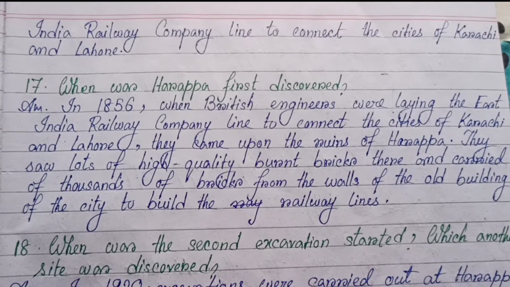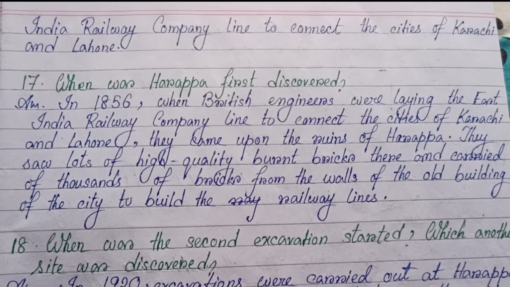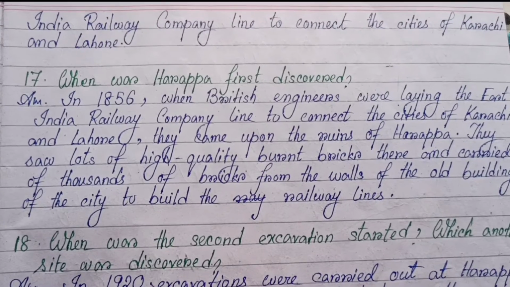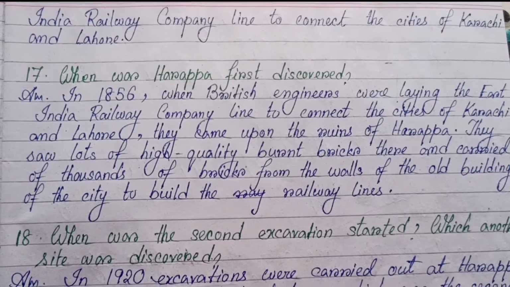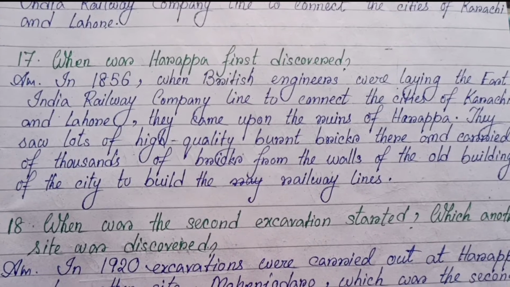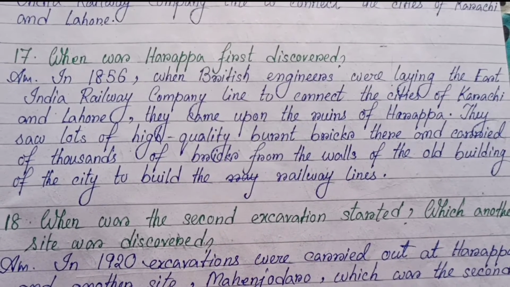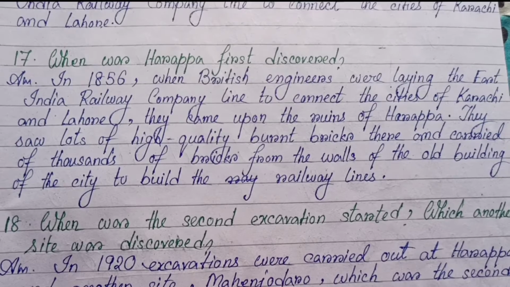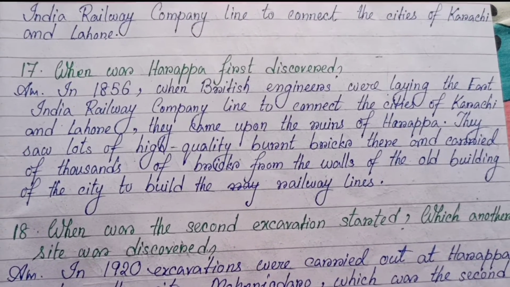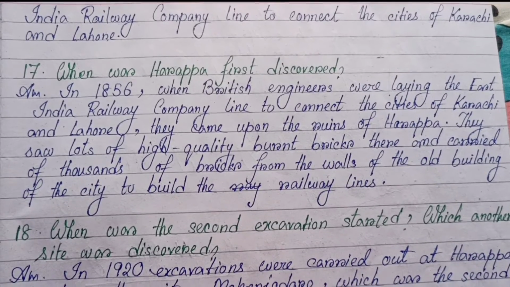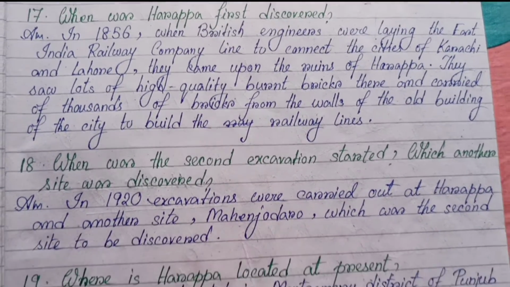In 1856, when British engineers were laying the East India Railway Company line to connect the cities of Karachi and Lahore, they came upon the ruins of Harappa. They saw lots of high quality burnt bricks there and carried off thousands of bricks from the walls of the old buildings of the city to build the railway lines.